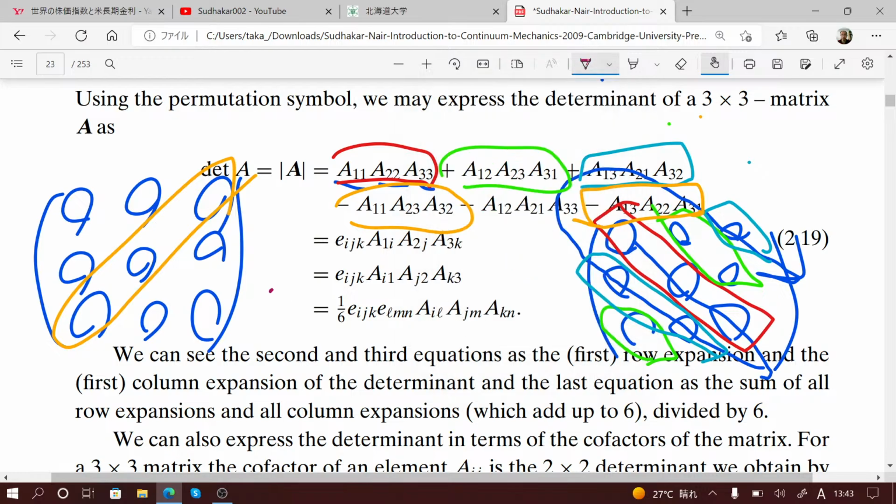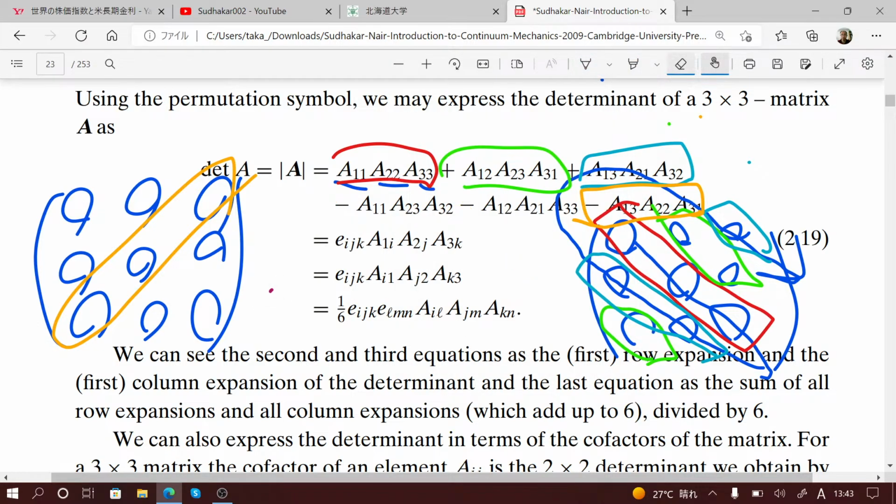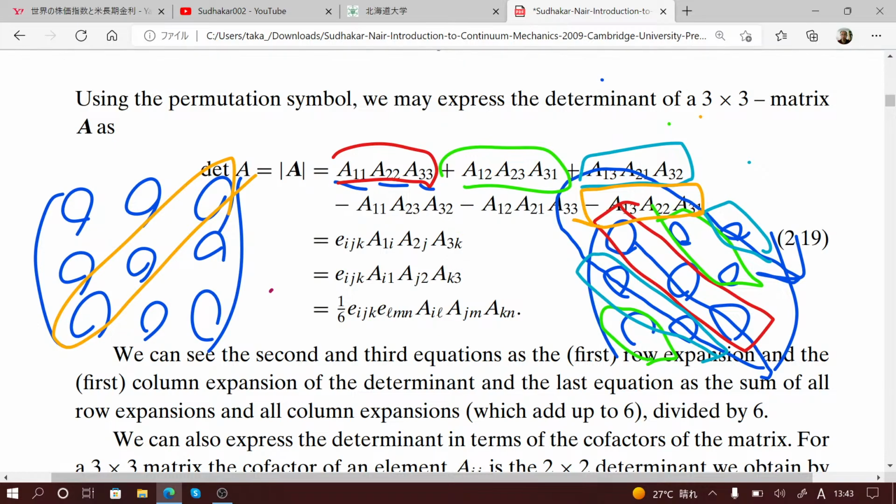Then maybe purple, 1 1, 2 3, 3 2. This and this one.